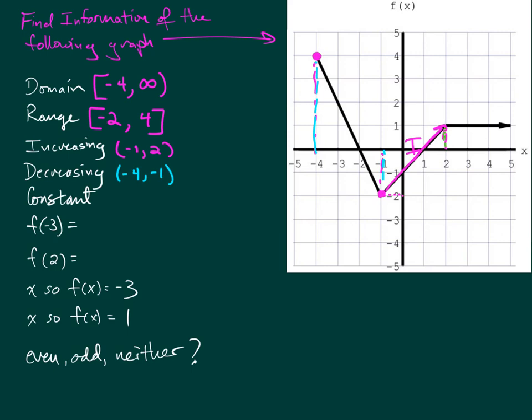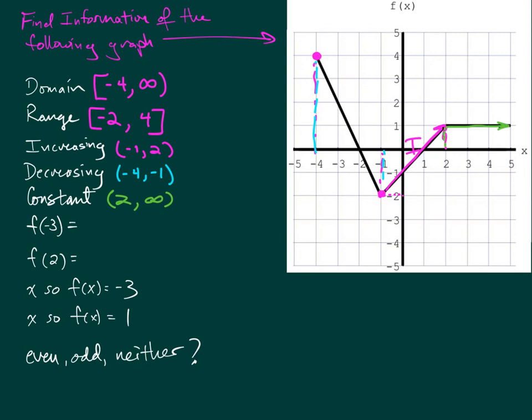The constant interval starts at 2 and goes forever to the right. So 2 to infinity. I didn't mention this on the previous slide, but when you report intervals where a function is increasing, decreasing, or constant, you noticed I used parentheses for every single interval. So you will use parentheses for those intervals.